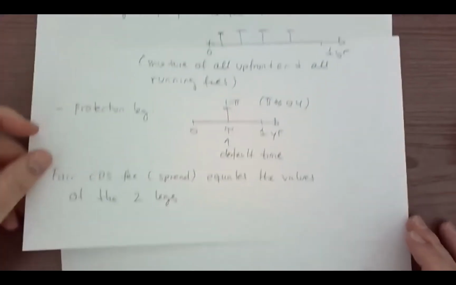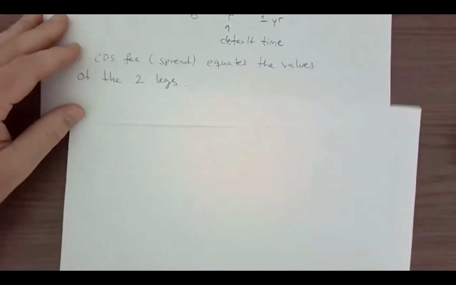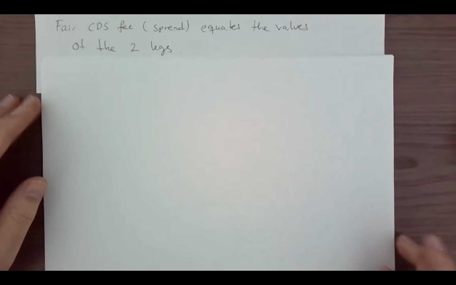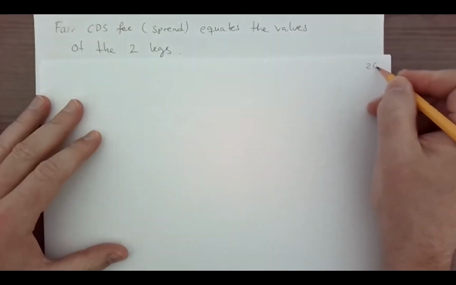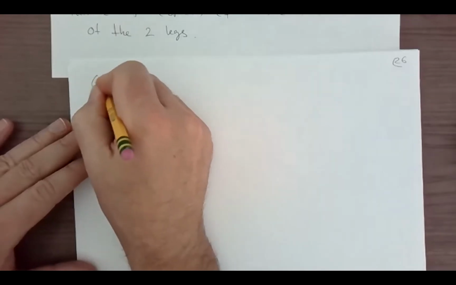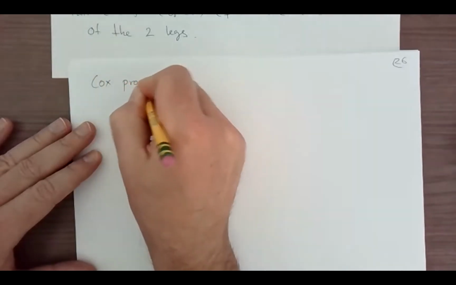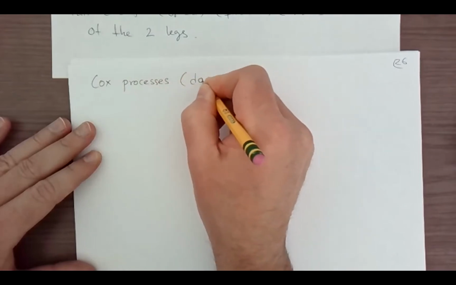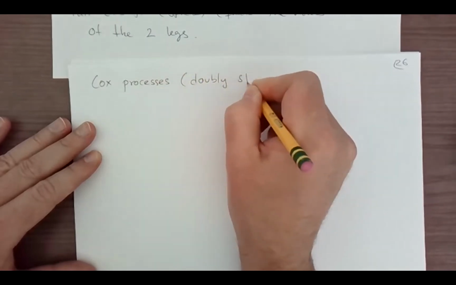So the reason that I'm bringing this up in this class is because the process that people used and continue to use to model defaults is this infamous Cox process. Cox processes, you also call doubly stochastic.